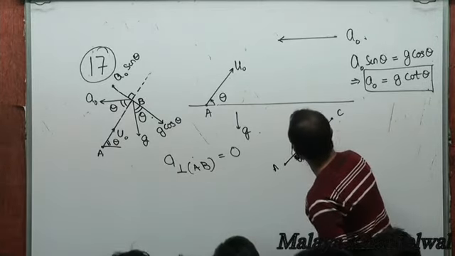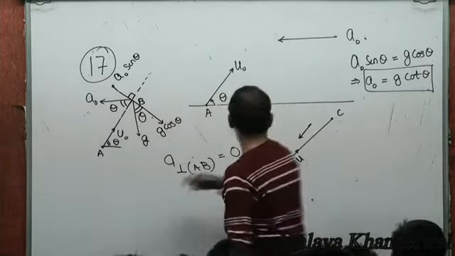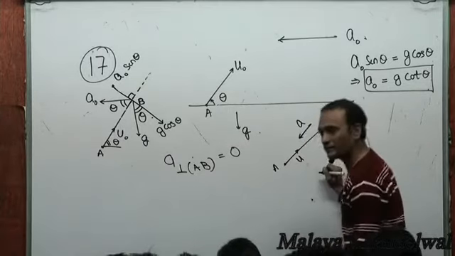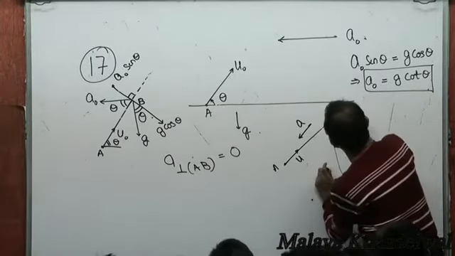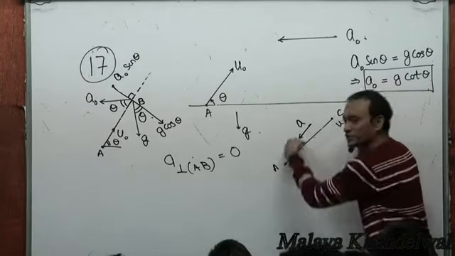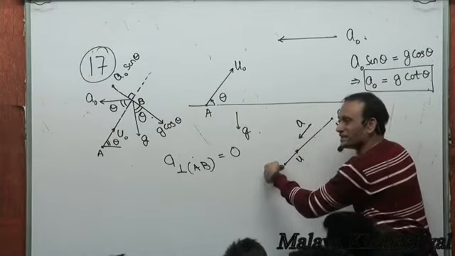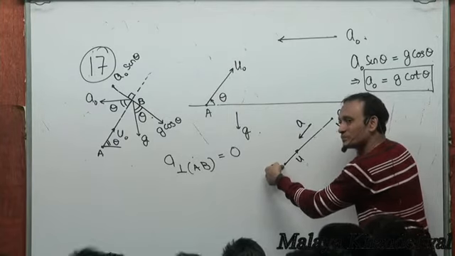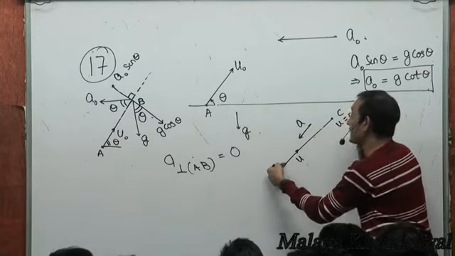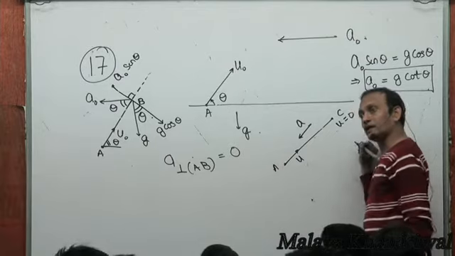It has a net acceleration, the resultant of a naught and g, this way. Its velocity will become 0, but its acceleration continues to be a. So next it will go from C to A with an acceleration a. Yes or no? It will come back to A. Clear?